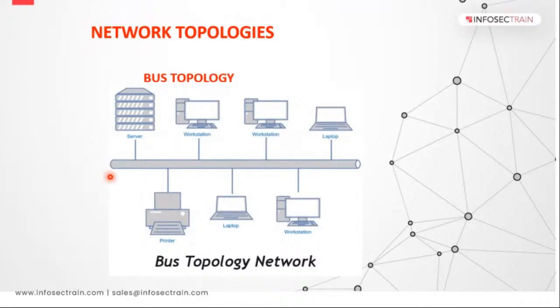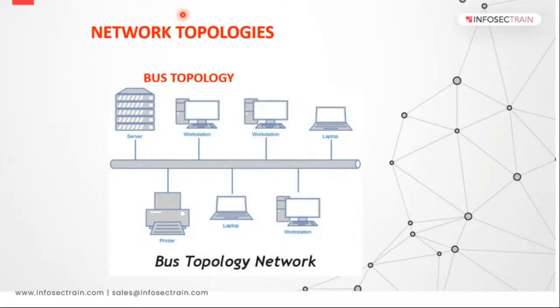And all of these things are connected to this single cable, this single line, right? So this single line is called the backbone. Clear, everyone? This single line is called what? The backbone.